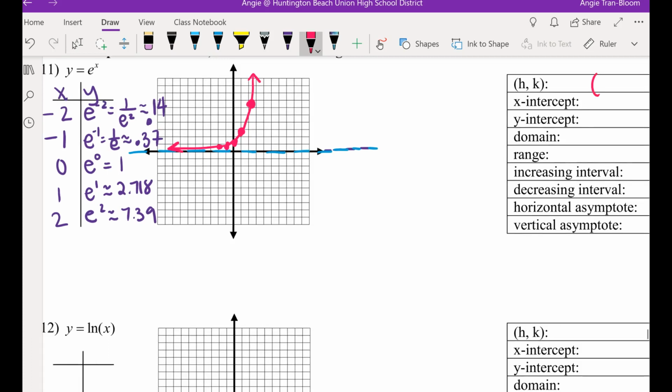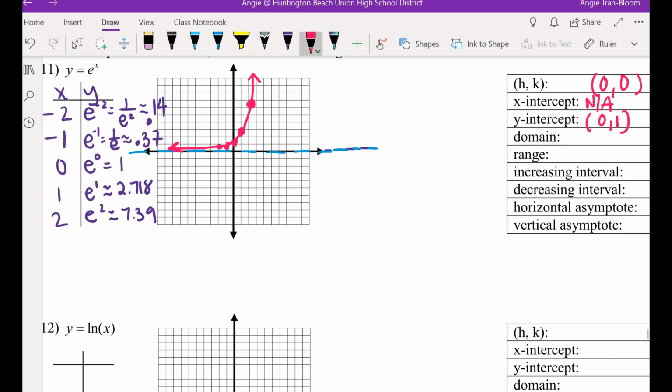All right, let's answer the H and K. What's your H and K? 0, 0, right? There's no transformation, there's no movement. X-intercept, do you have any? No, you guys, you have an asymptote right there. Y-intercept, any? 0, 1.